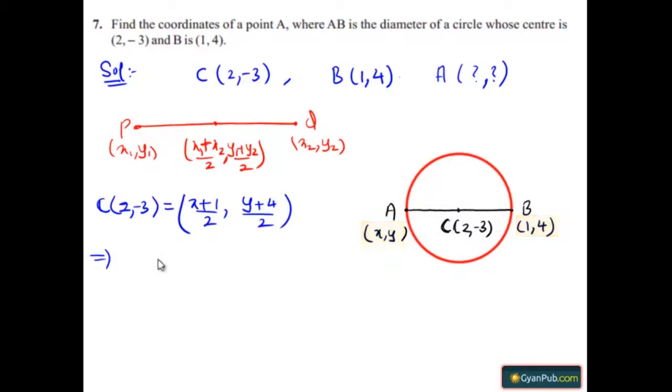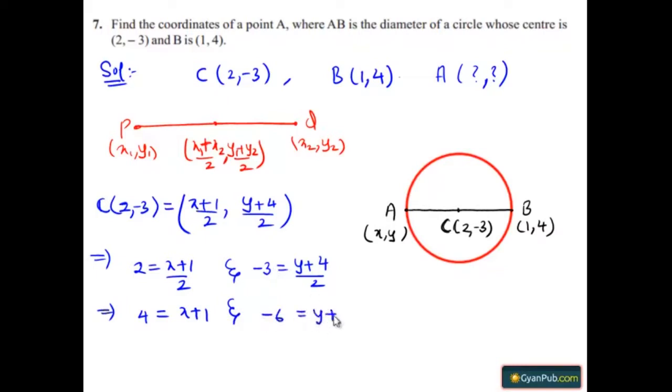This implies first equating the x coordinates, we get 2 equals (x plus 1) divided by 2, and now equating the y coordinates, we get minus 3 equals (y plus 4) divided by 2. This implies multiplying by 2 on both sides, we get 2 times 2 is 4 equals x plus 1, and 2 times minus 3 is minus 6 equals y plus 4.